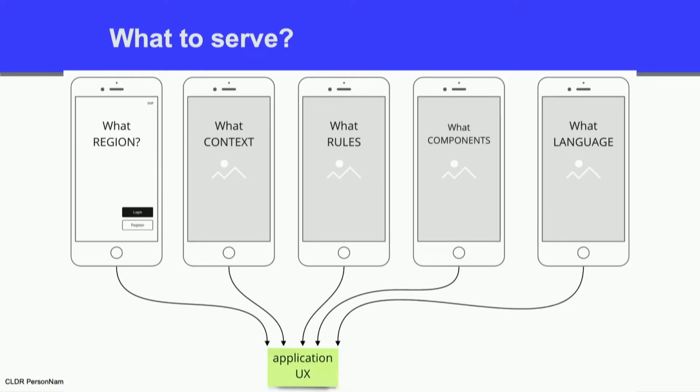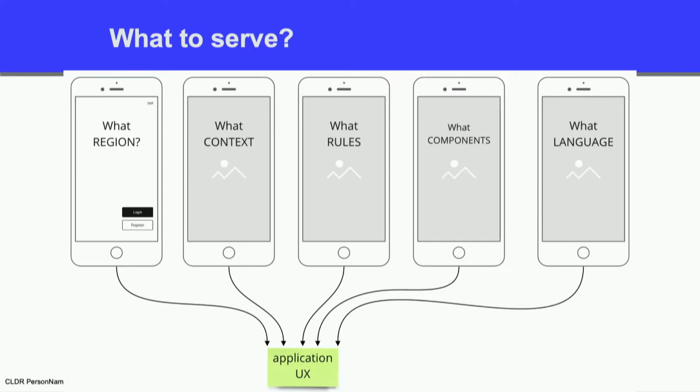So you have your application, and normally you just load it up and serve it. But the application is composed of lots of different pieces. So you have to decide: what region am I in? What content do I serve in the application?